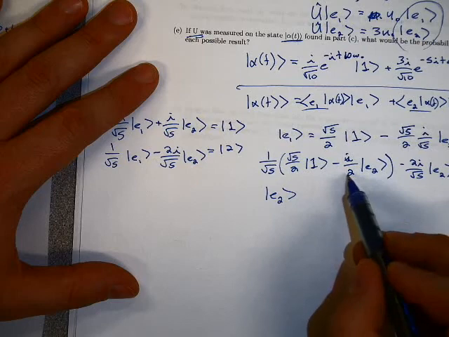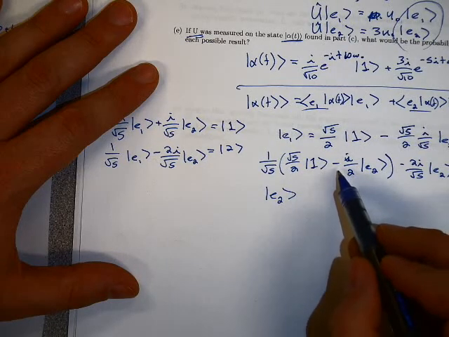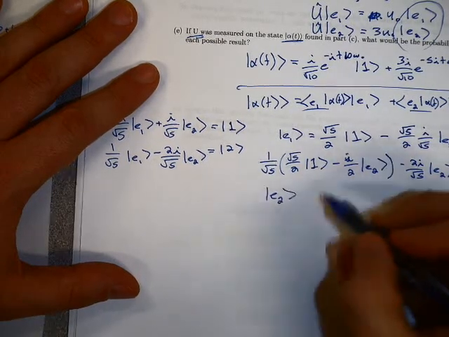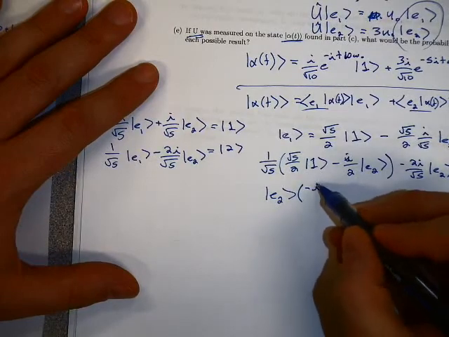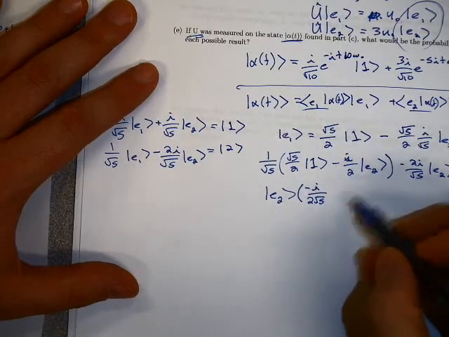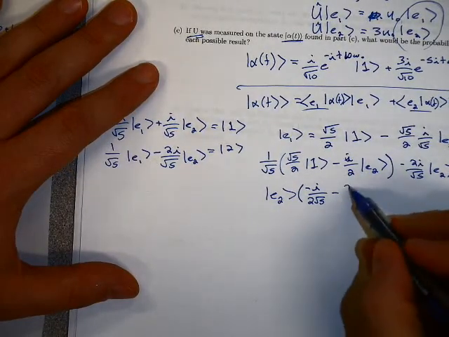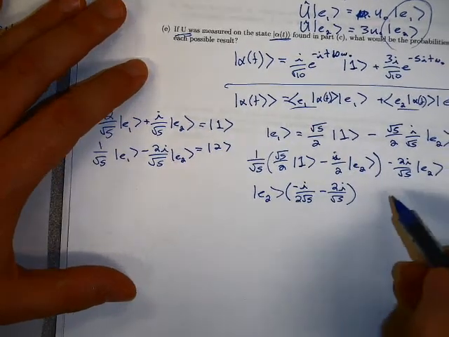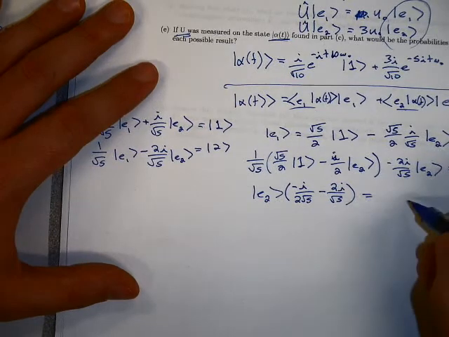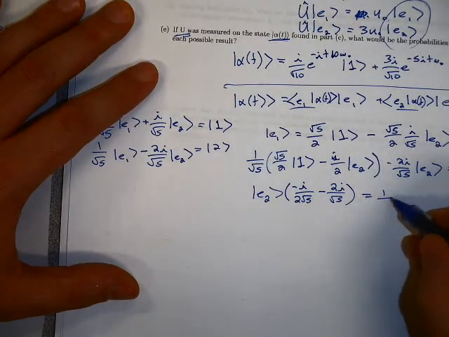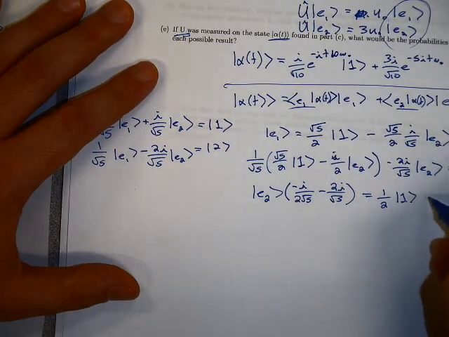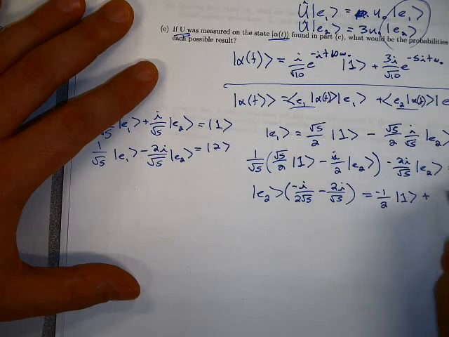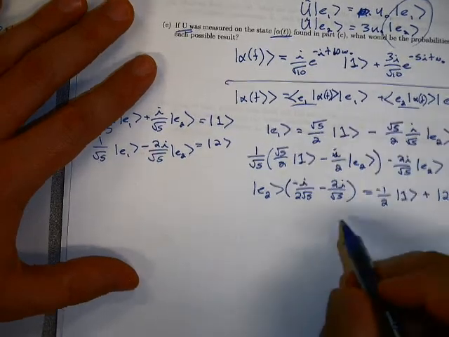We have i over 2 root 5 with a minus sign, so minus i over 2 root 5 and minus 2i over root 5. Those are all the pieces of that. And on the other side is negative 1/2 of 1 plus 2.